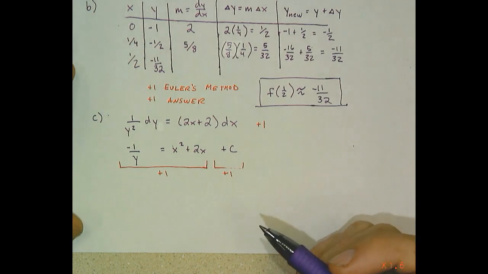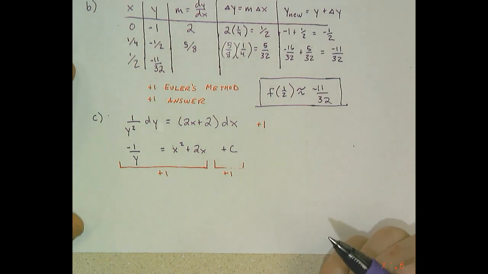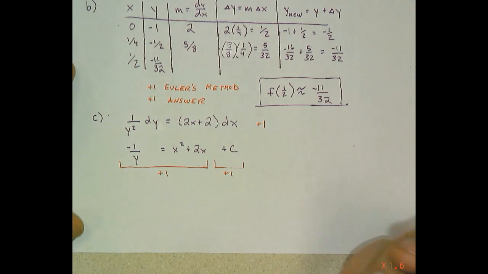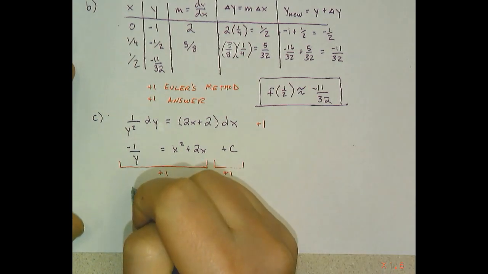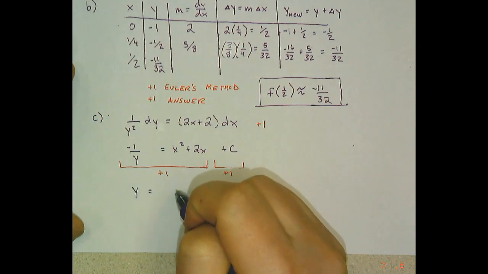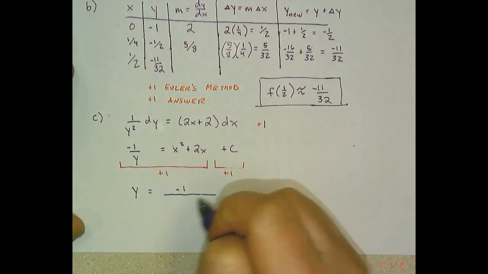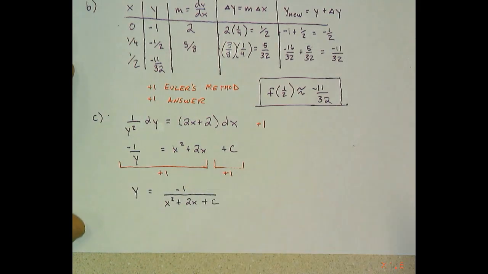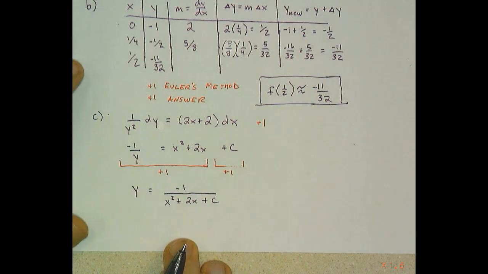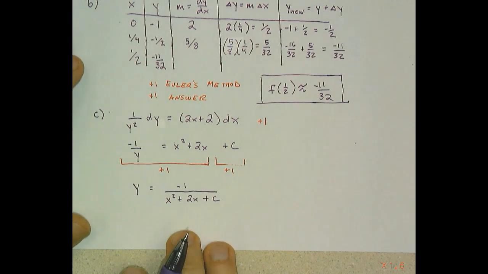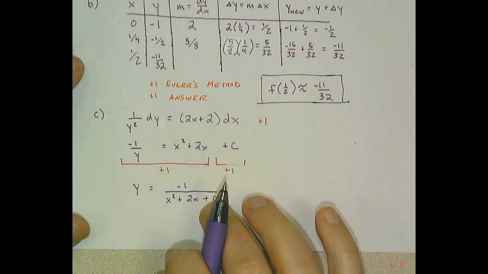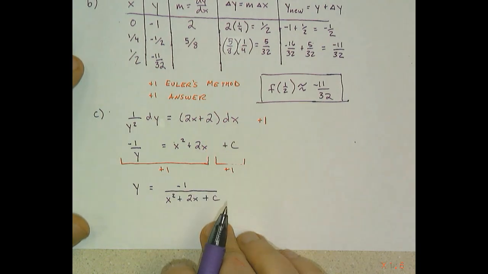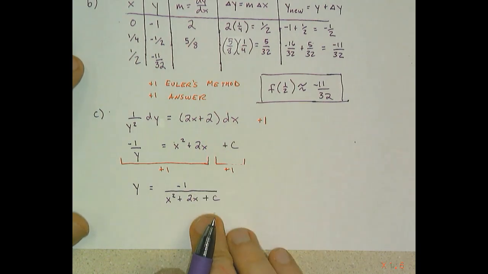Moving forward from here, there is also deviation between the way that I teach it and other teachers teach it. I tend to solve for y first, and in this case, by solving for y first, I can then have an equation that I'm going to input my initial condition in. Whether you solve for y first or not, your next point comes from using the initial condition.